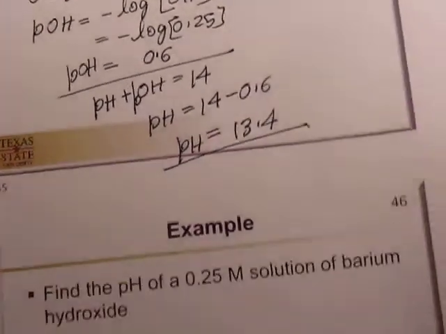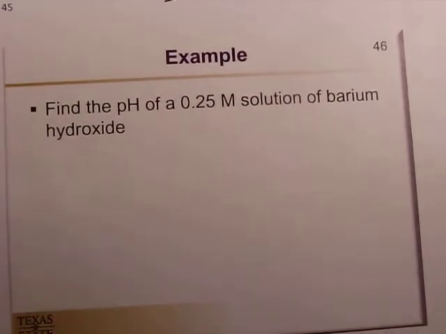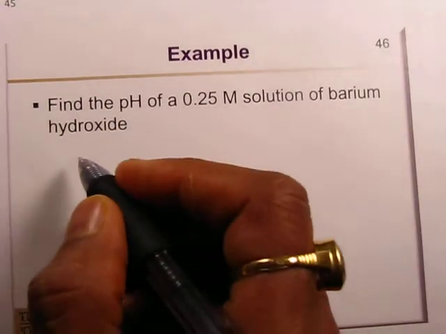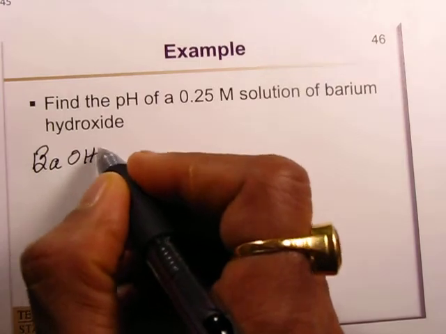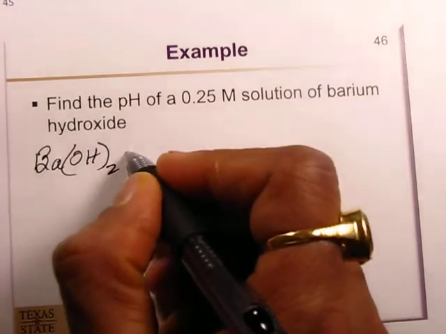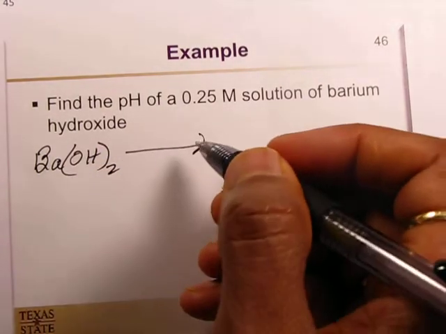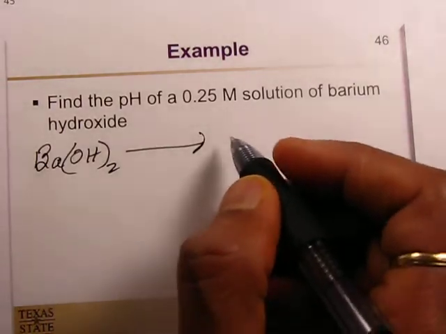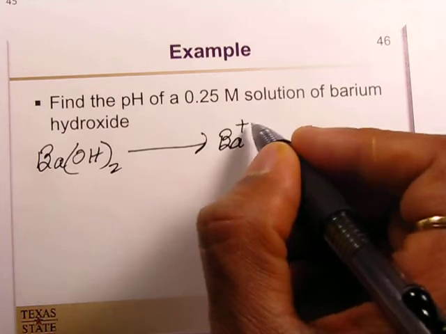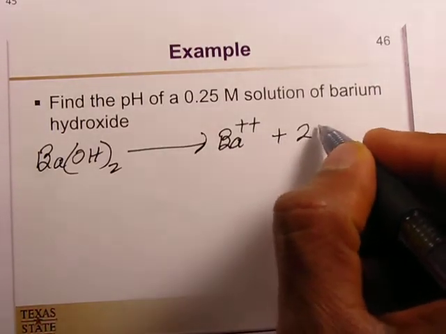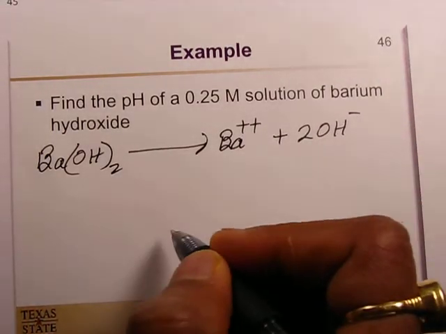And let's see one more example. The pH for a solution of barium hydroxide. Barium hydroxide comes from the second group element. Once it dissociates, it will give you barium ion and 2 hydroxyl ions.